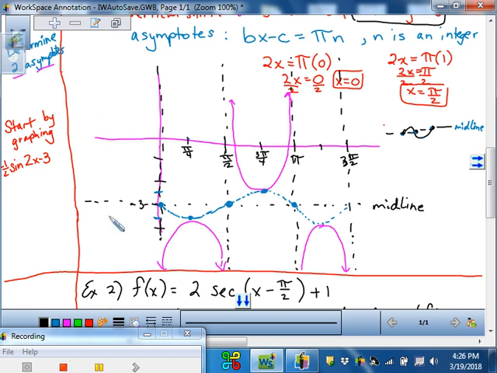every pi over 2. And then last but not least, I go over to the negative side. I do the same thing. I go over to negative pi over 2. The graph has continued on this side, just following that same little pattern up to negative 2.5.